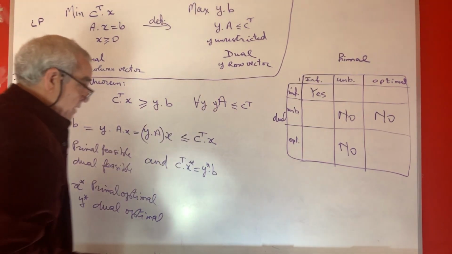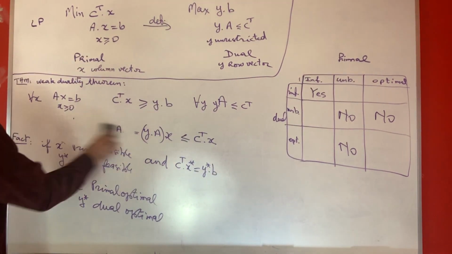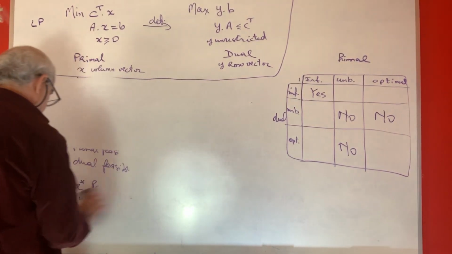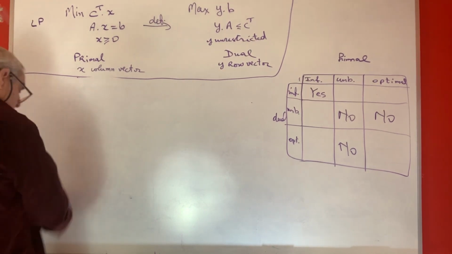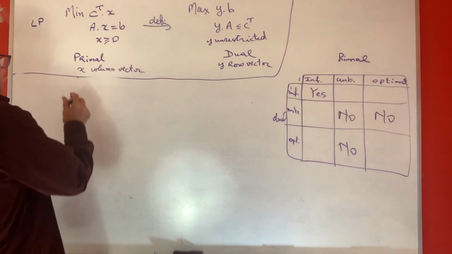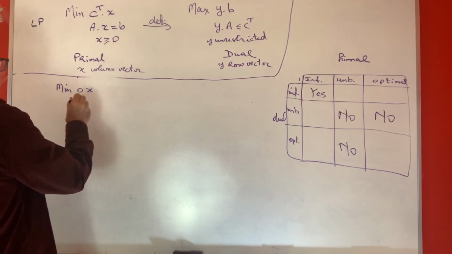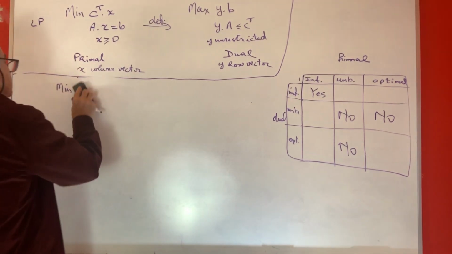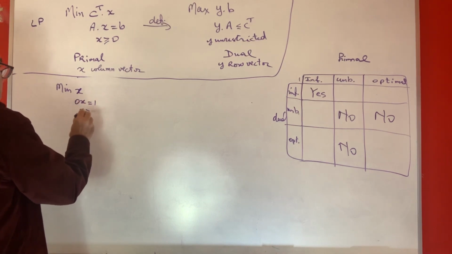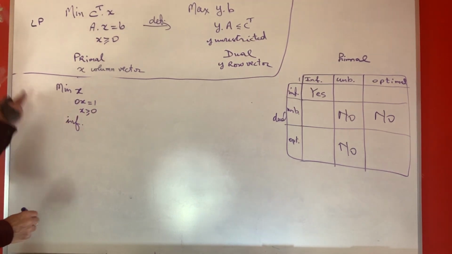Now let me fill in two more boxes here. For example, this one here: minimize x, subject to 0x equal to 1, x greater or equal to 0. So this is infeasible, obviously, 0 is not equal to 1.